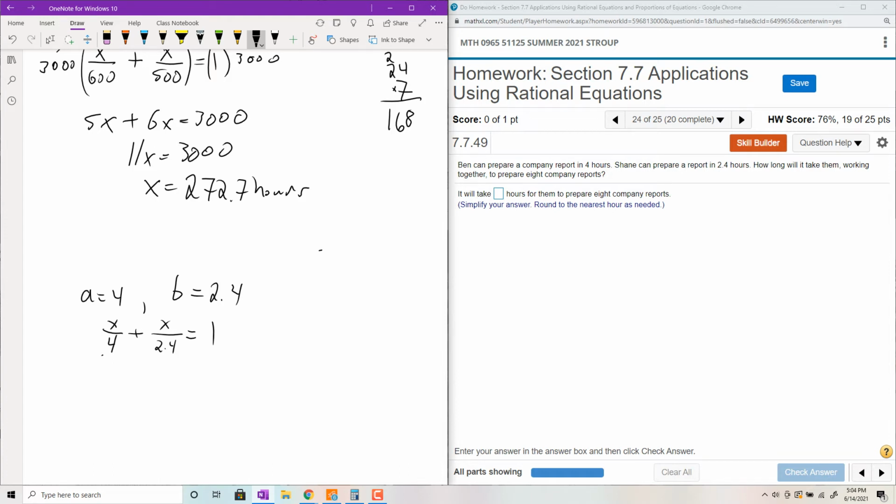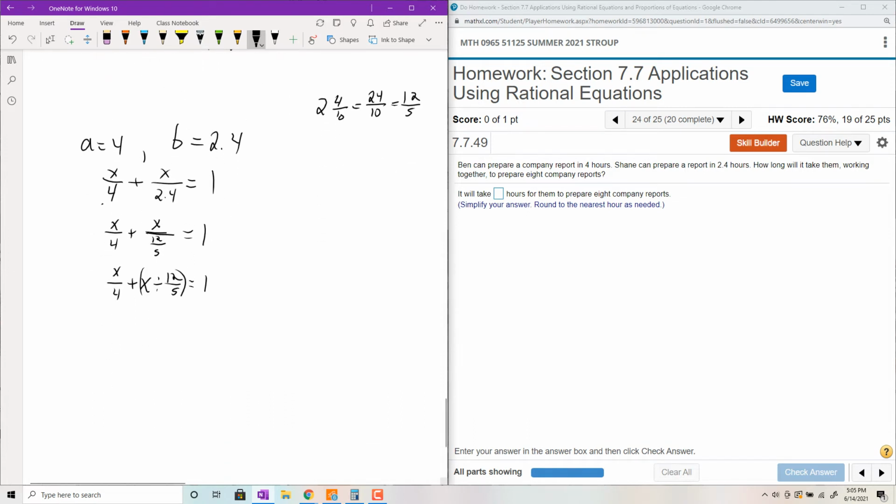Okay, 2.4 is the same as 2 and 4/10, which is 24/10, which is 12/5, so we can rewrite this as x over 4 plus x over 12 over 5 equals 1. Get rid of that complex fraction, so this is x over 4 plus x divided by 12 over 5 equals 1. And then you can rewrite that as multiplication.